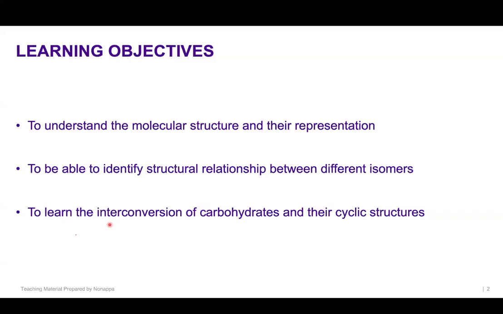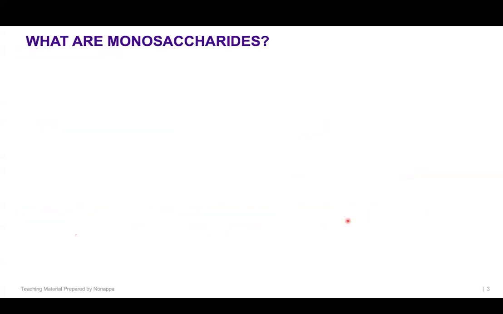So today's learning objective is to understand the molecular structure and their representation, to identify structural relationship between different isomers of carbohydrate molecules, and learn how to interconvert open chain form of carbohydrates and their cyclic structures. So we begin with monosaccharides.